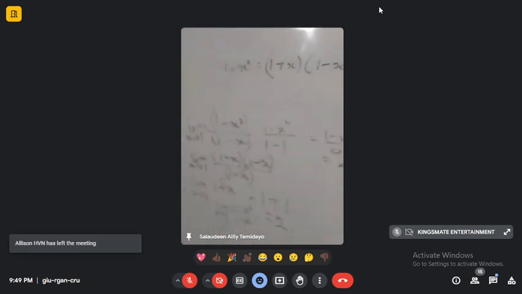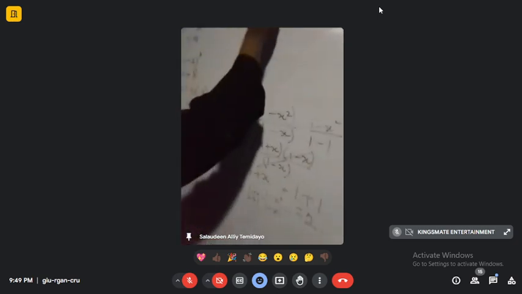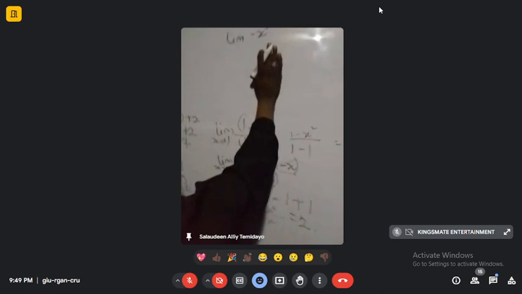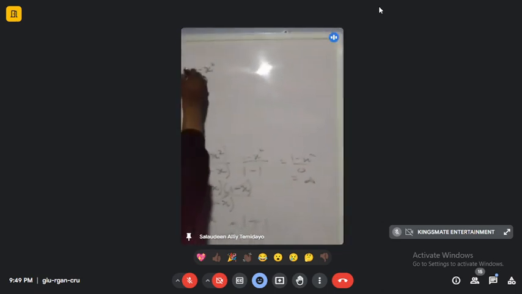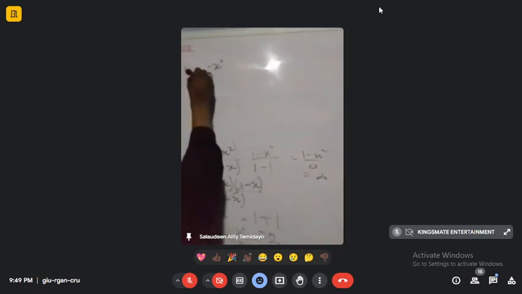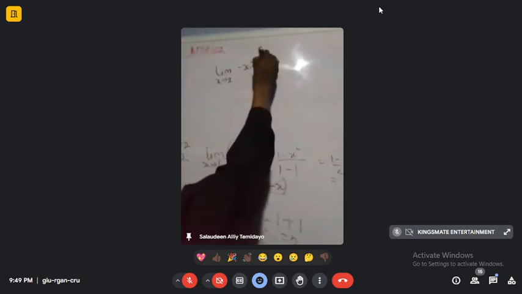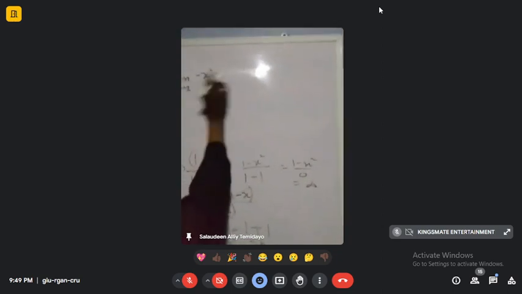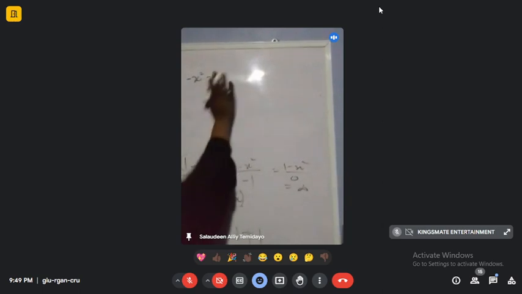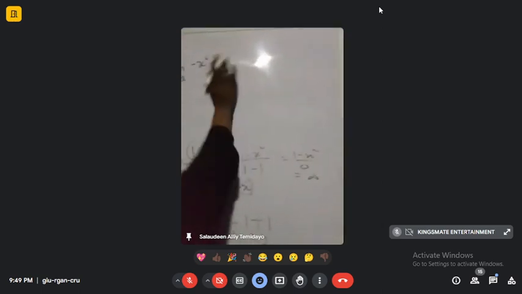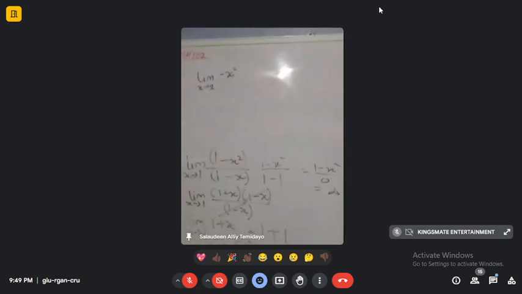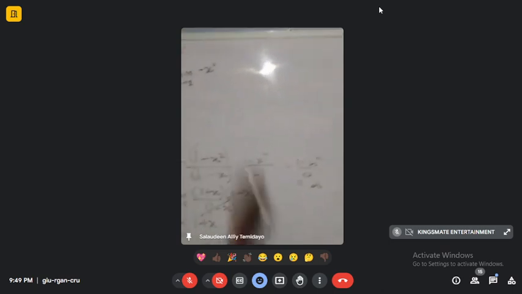Limit of negative x squared plus x minus 2 as x approaches 2. Negative x squared plus x minus 2.